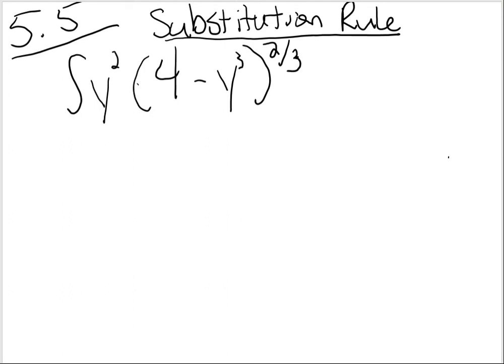The integral of y squared times the quantity 4 minus y cubed, all raised to the 2/3, dy. Okay, so why don't you pause the video and do this particular example first. Okay, so I hope you did that example.